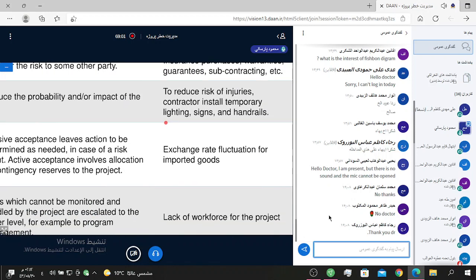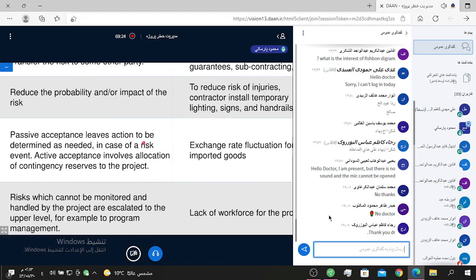For example, exchange rate fluctuation for imported goods.